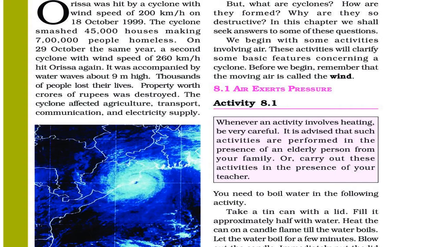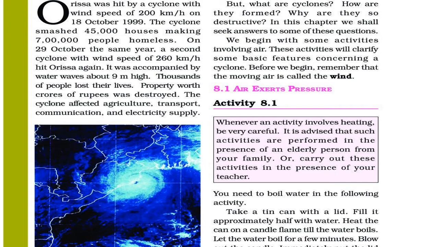In the beginning, you can see a small article, a small report. Orissa was hit by cyclone with a wind speed of 200 km per hour on 18 October 1999. The cyclone smashed 45,000 houses, making 7 lakh people homeless.